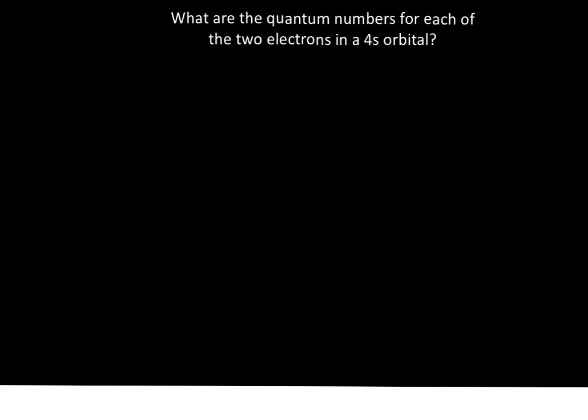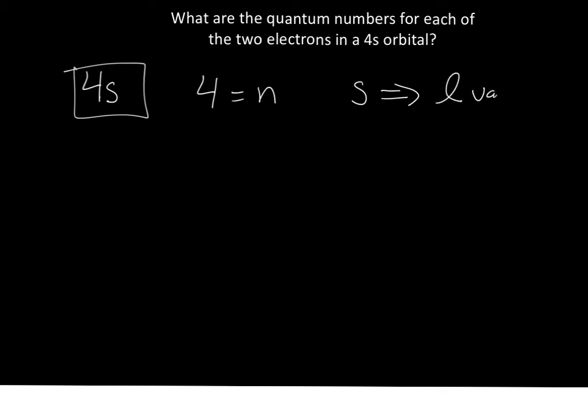Okay, so the key here is that I have a 4s orbital. Now, this 4s, the 4 is going to tell us the n value, so n equals 4. And the s, you might remember, is the name, and it tells me about the L value.